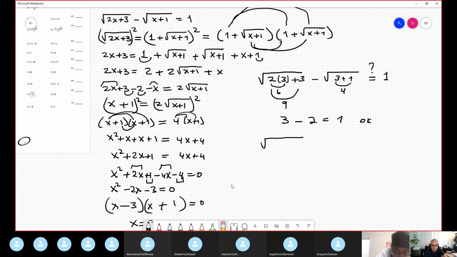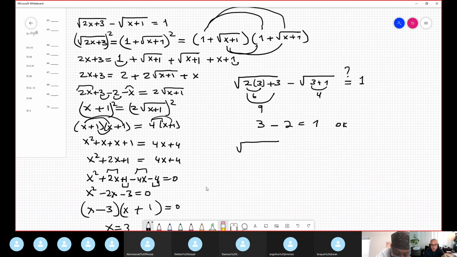Second solution is negative 1. No? Let me see. Negative 1, yes. It's 2 times negative 1 plus 3 minus square root of negative 1 plus 1 should be 1. Entonces negative 2 plus 3 is 1.